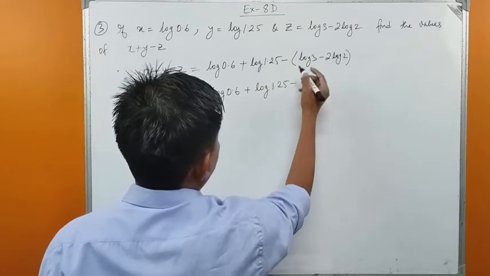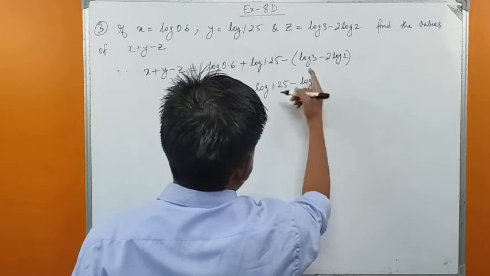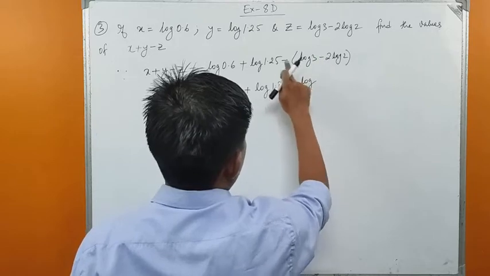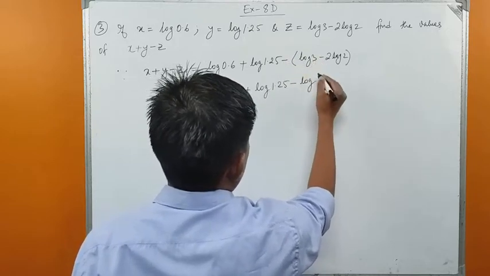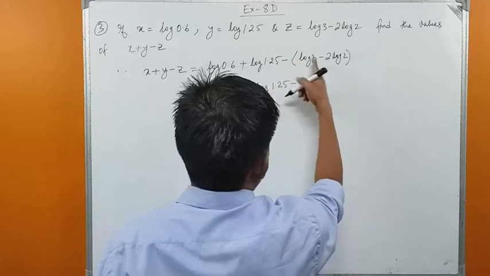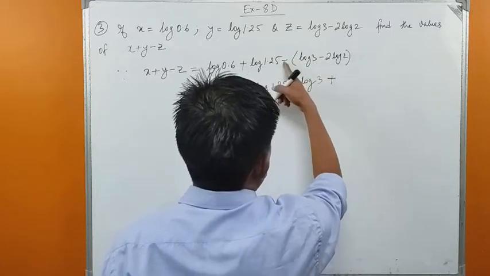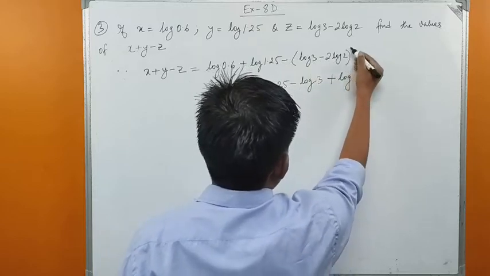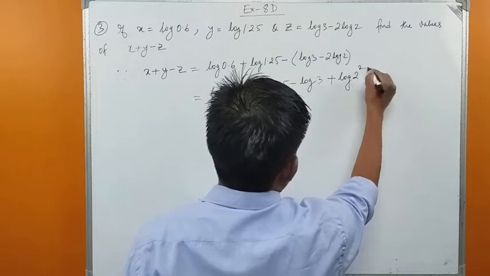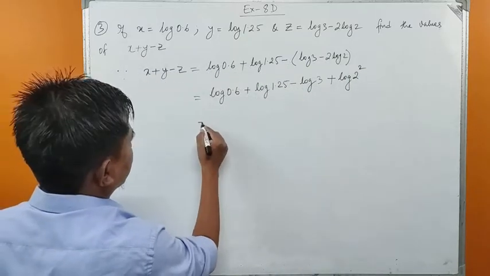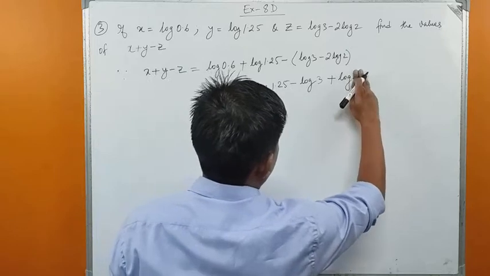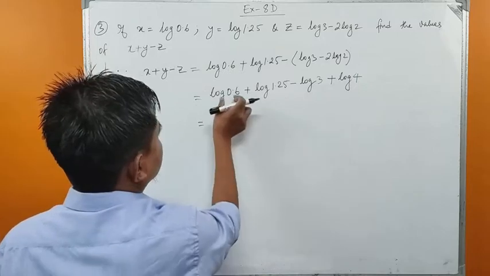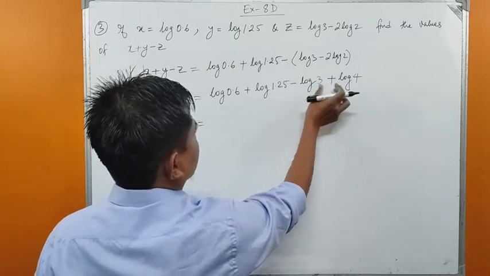Minus into plus is minus log 3, minus into minus is plus 2 log 2. 2 log 2 means log 2 squared. This 2 goes to the power, 2 squared. 2 squared means 4. Now this and this are positive and this is negative, isn't it?